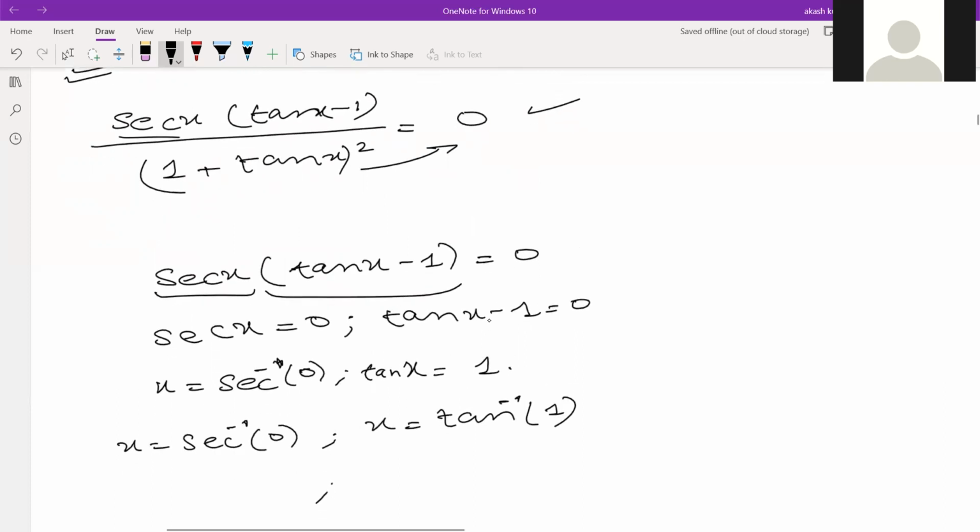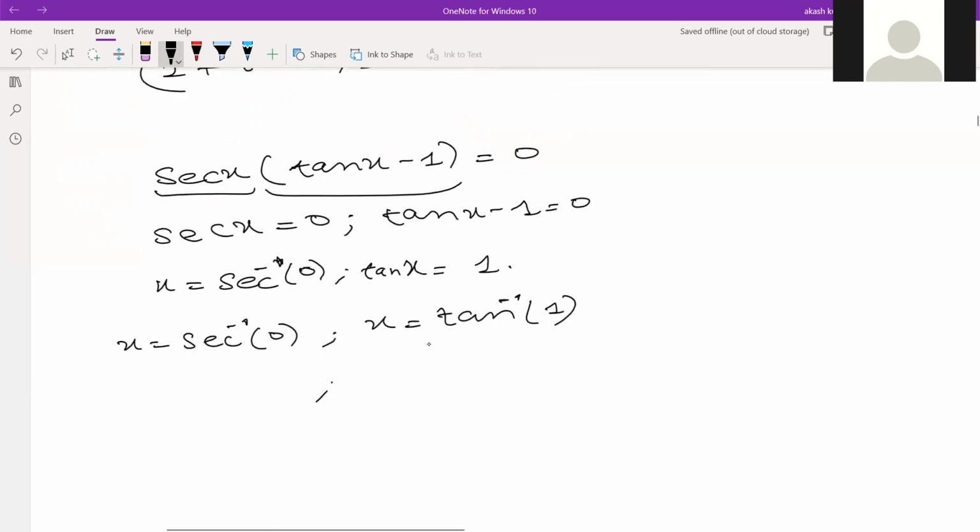We can take the 1 that side, so it will be tan x equals 1. And if you have a calculator, you can put the tan inverse of 1. Can you take that tan inverse of 1? Which calculator are you using?